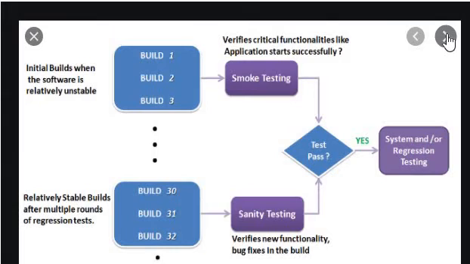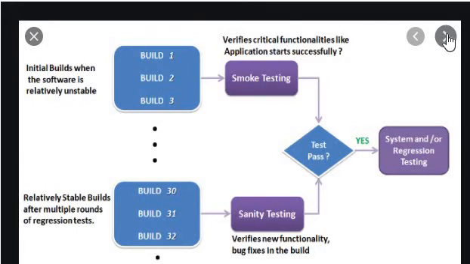Smoke testing versus sanity testing. Now we will discuss the key differences. Smoke testing is performed to ascertain that the critical functionality of the program is working fine. Sanity testing is done to check that the new functionality or bug fix is working.